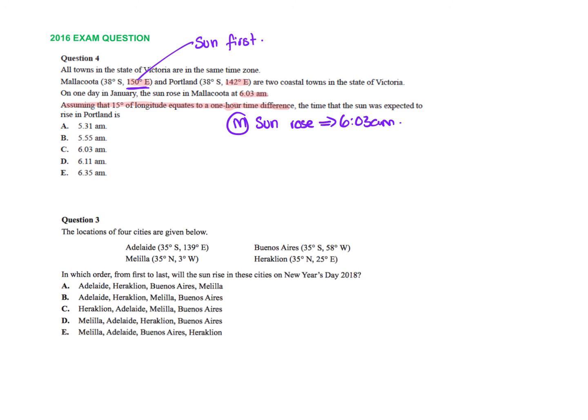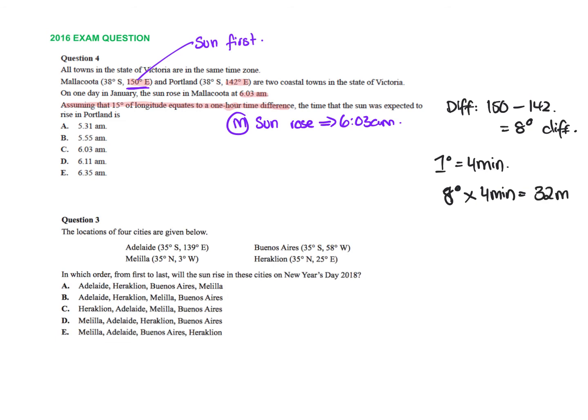Remember, for the time difference you work out the difference in longitude. We've got 150 minus 142, so there's 8 degrees difference. And we could just use that other fact that 1 degree equals 4 minutes. So 8 degrees times 4 minutes is 32 minutes.